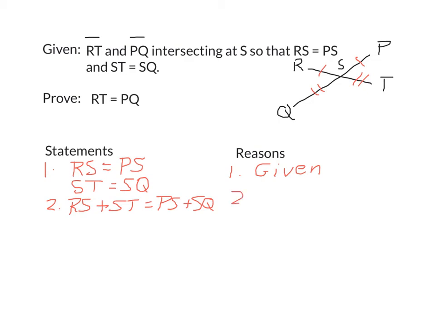Now, what allows me to say that is the addition property of equality. And it's okay to abbreviate, just so long as you know the abbreviations are understandable. So I'm just going to say add property of equality.